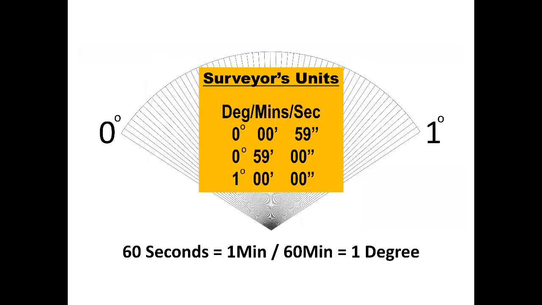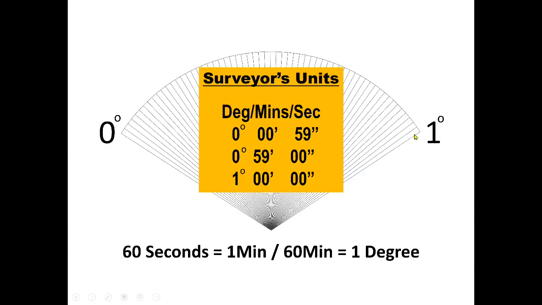So what I have done on screen is to demonstrate 1 degree, how it is broken down into the different parts. So from 0 to 1, you would have 60 different compartments. And each of these compartments represents 1 minute. So we would say that 60 minutes will make 1 degree.